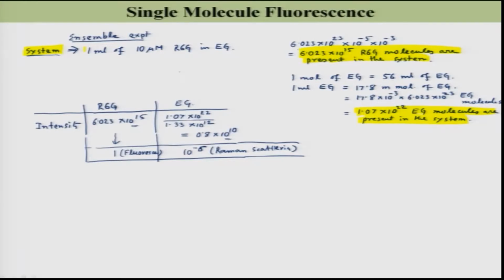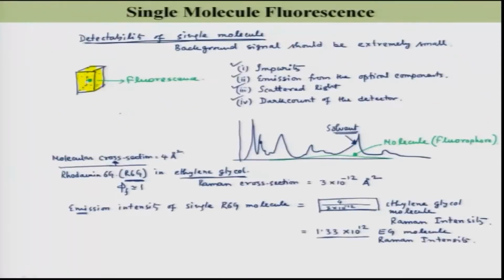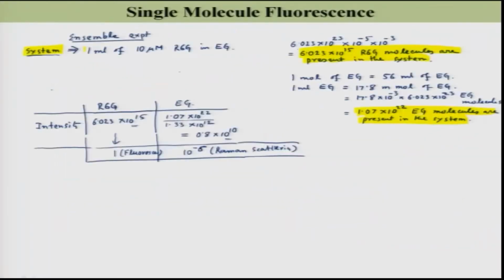Now, my interest is not this ensemble average picture. My interest is 1 rhodamine 6G molecule. That is what I was discussing here, right. 1 rhodamine 6G I have taken in 1 ml solution. So, next I will change my system to the single molecular level.